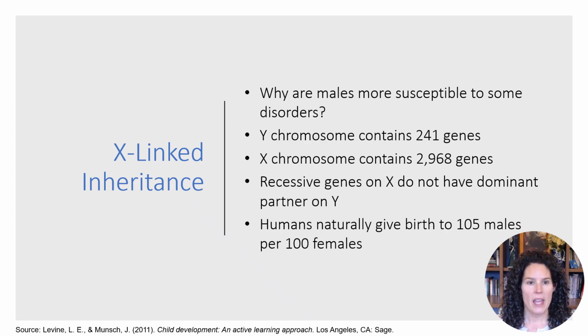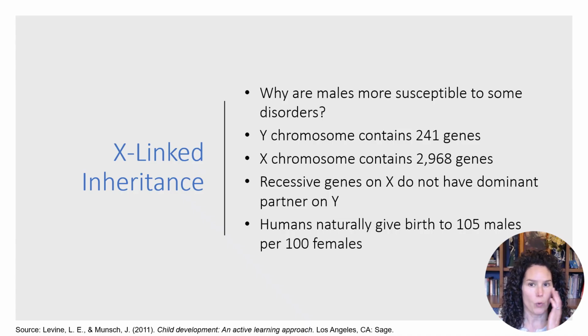And so if they inherited a recessive gene on the X chromosome from their mother, and most genetic disorders are coded on recessive genes, then they don't have anything on the Y to counteract it. That gene is just missing.